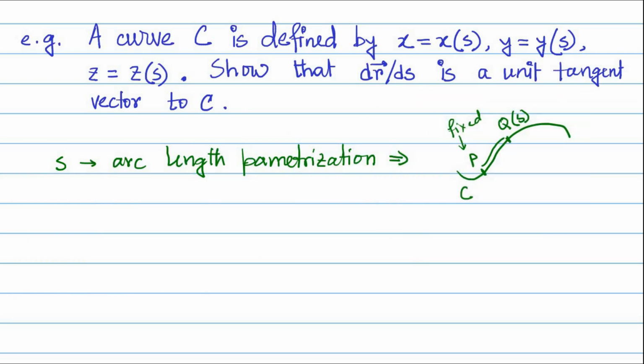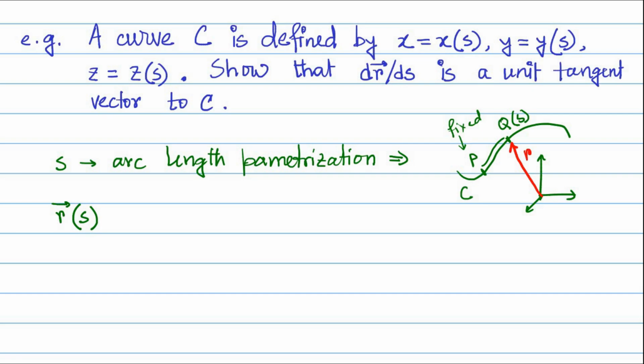And r is the position vector, which in turn will also be a function of the parameter, and r is the position vector that traces out the curve C. So that means here you have a coordinate system, and r is a position vector, so it goes from here to there.